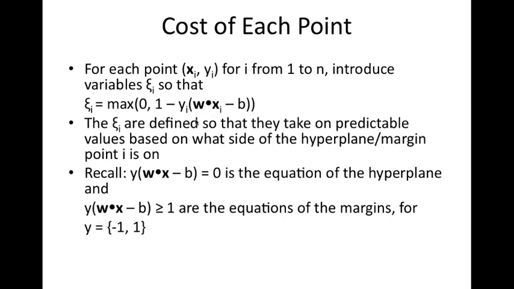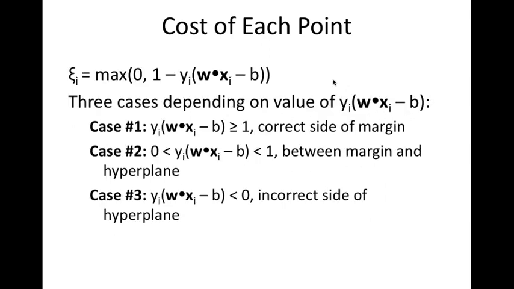The definition of xi is familiar from these equations of the hyperplane and the margins. So we can think of 3 different cases depending on the value of this term, yi times w dot x minus b.